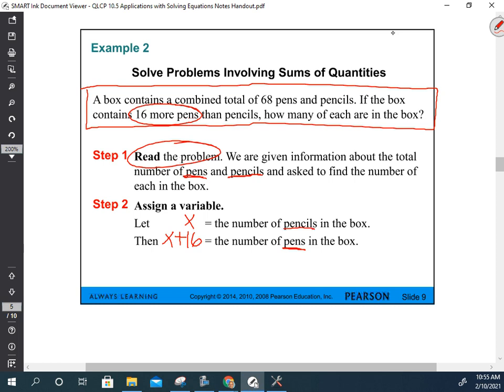If you take the number of pencils and add 16 to it, that's how many pens are in that box. So instead of using two different letters, we can keep it to one letter. When we use two different letters, that's called solving a system of equations, which all of you have done before, but we're not there yet. Right now, we're going to try to keep it to one variable.